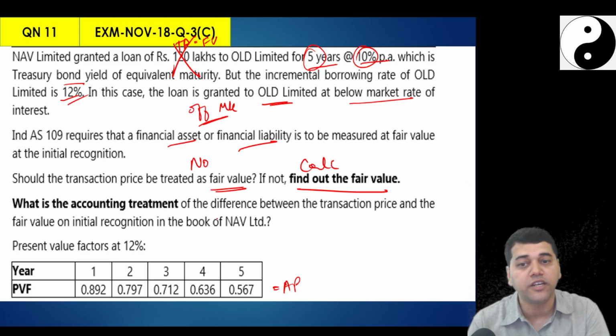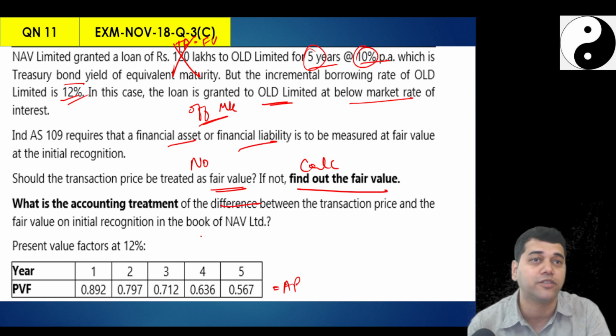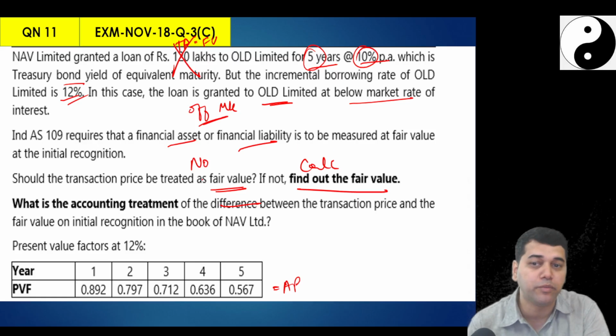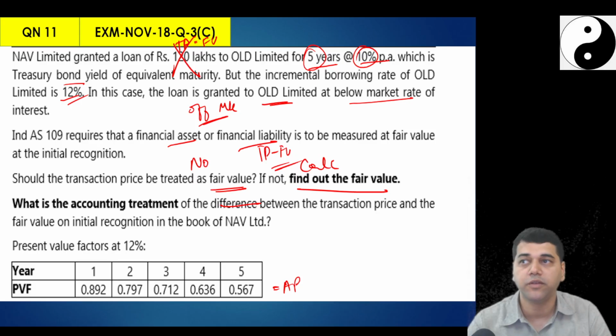What is the accounting treatment of the difference between the transaction price and the fair value on initial recognition? That means the moment you say no, there will be transaction price minus fair value, and there will be some difference. So what are you going to do with the difference? That's what they are asking. Is it a theory question or a practical question?